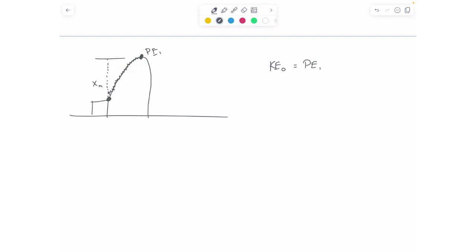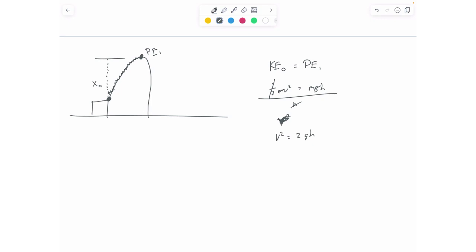So if you do that, kinetic energy, of course, is 1/2 mv squared, and potential energy is mgh. You can divide by m, get rid of it, and then multiply by 2, so you would have v squared equals 2gh.